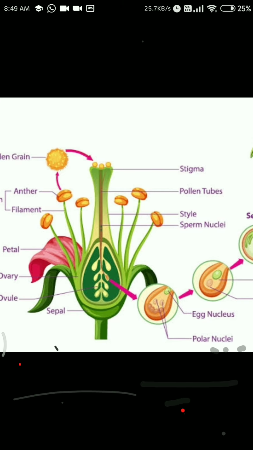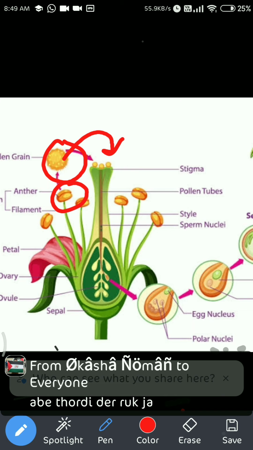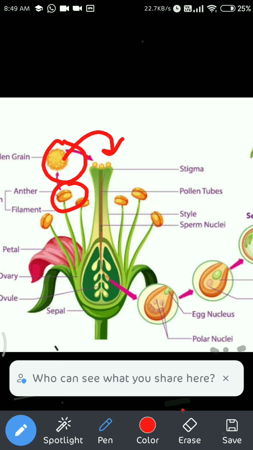This is the pollen grain. This pollen grain is in the anther, and it has to reach the stigma. This transfer of pollen grain from anther to stigma is known as pollination.